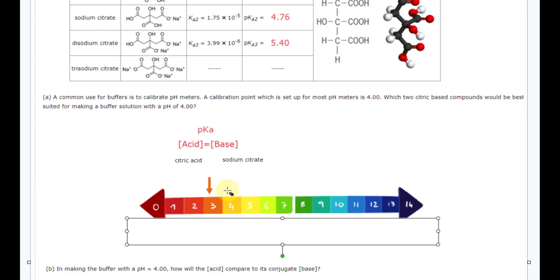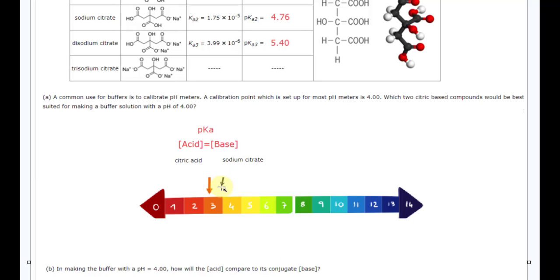But we want to have a pH of 4, which is going to be, let me pull up an arrow, we want a pH here. Now with equal acid and equal base, we have a lower pH. If we increase the amount of base, we'll make our pH higher, and that's what we want. So we're going to need a little bit more base and a little bit less acid, and that'll get us our buffer.